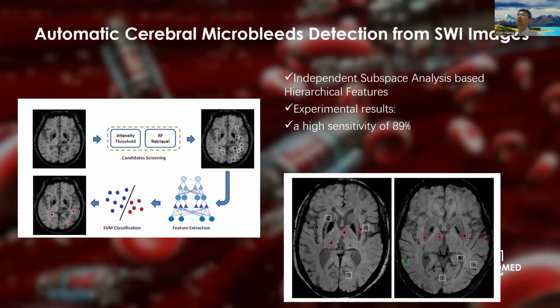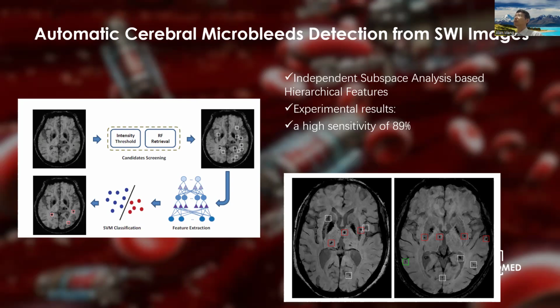So we need to consider the spatial coherent information to identify the microbleeds properly. But the challenge is that the microbleeds could be quite sparse.